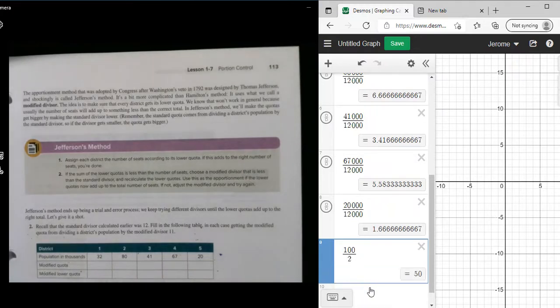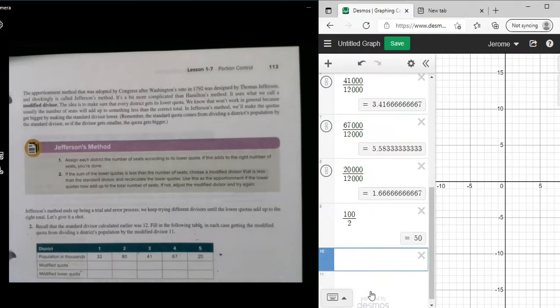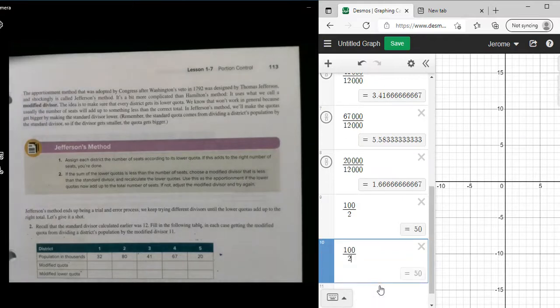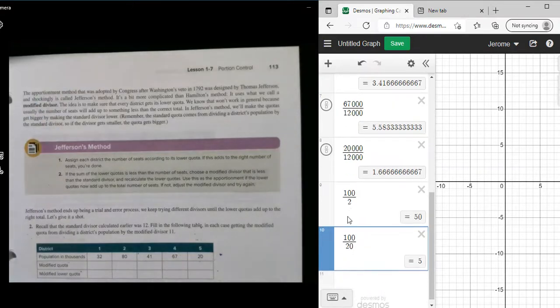That gave us 50, right? But let's say we take this same 100 and divide it by 20. Do you notice as your denominator gets larger, your end value gets smaller? And when your denominator gets smaller, your final answer actually gets larger.